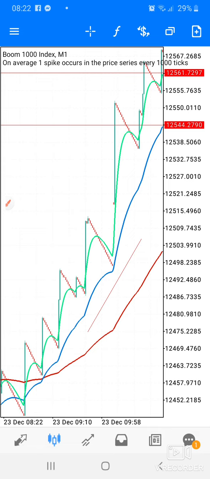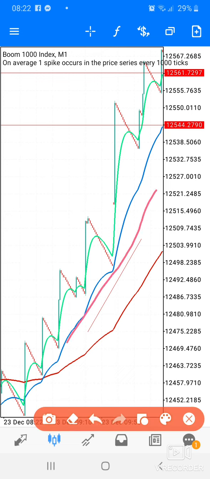So you can see here the 50 exponential is now acting as a level of support, and you use the 10 exponential as your entry. You'll be able to catch it. So you entered here, then you exit when the price breaks through the 50 exponential.